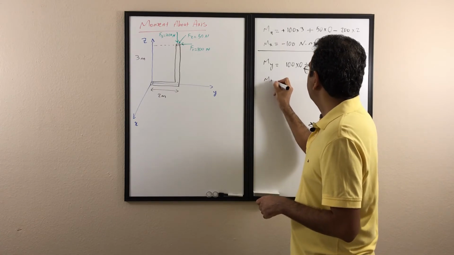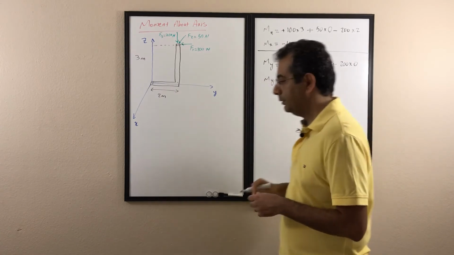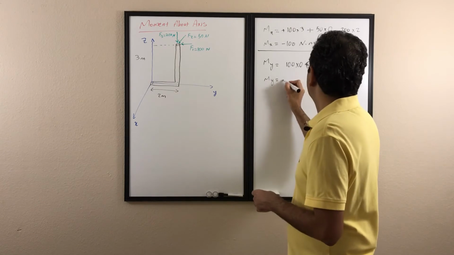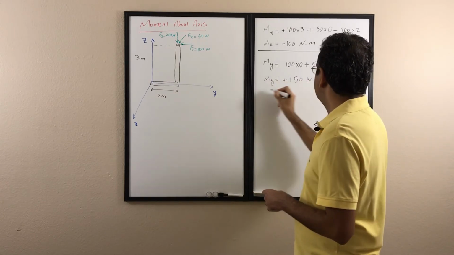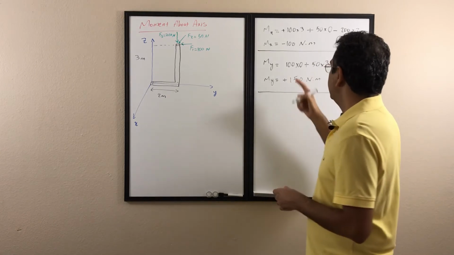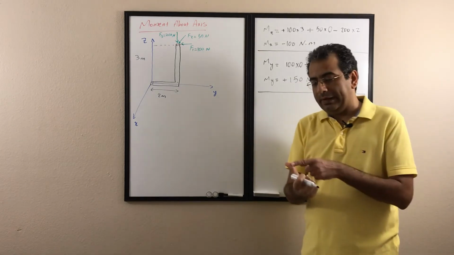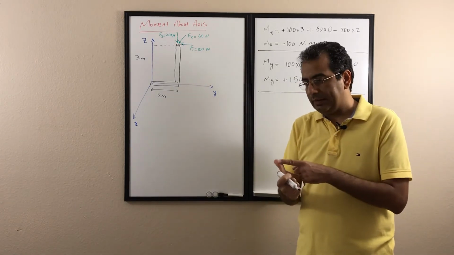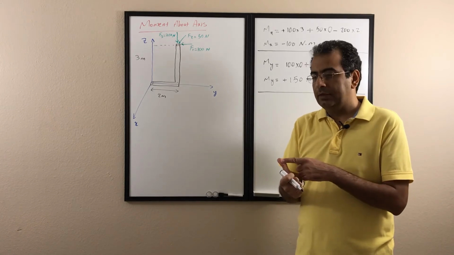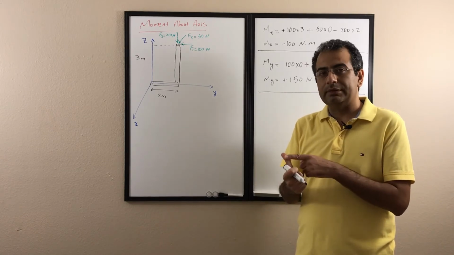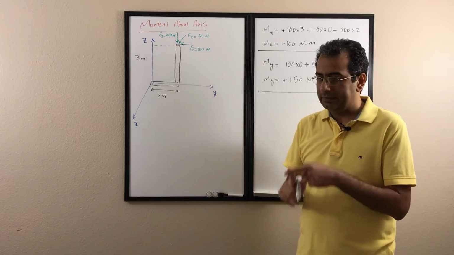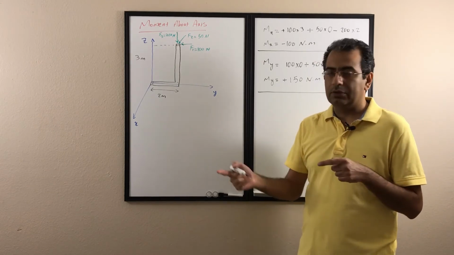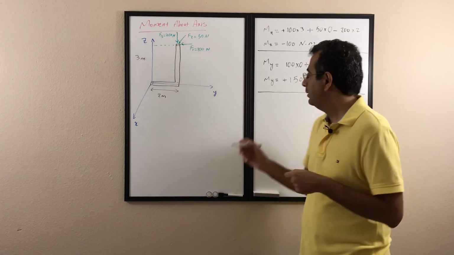So M about y is going to be positive 150 Newton meter. So again, for the y, if the force is parallel to the axis, it does not make any rotation, so it does not make any moment. If the force intersects with the axis, again, it does not make any moment.